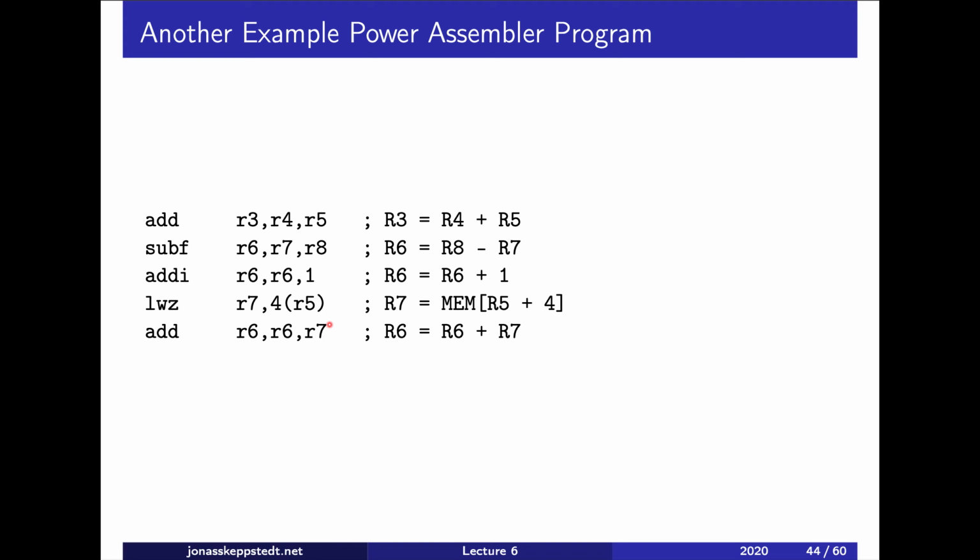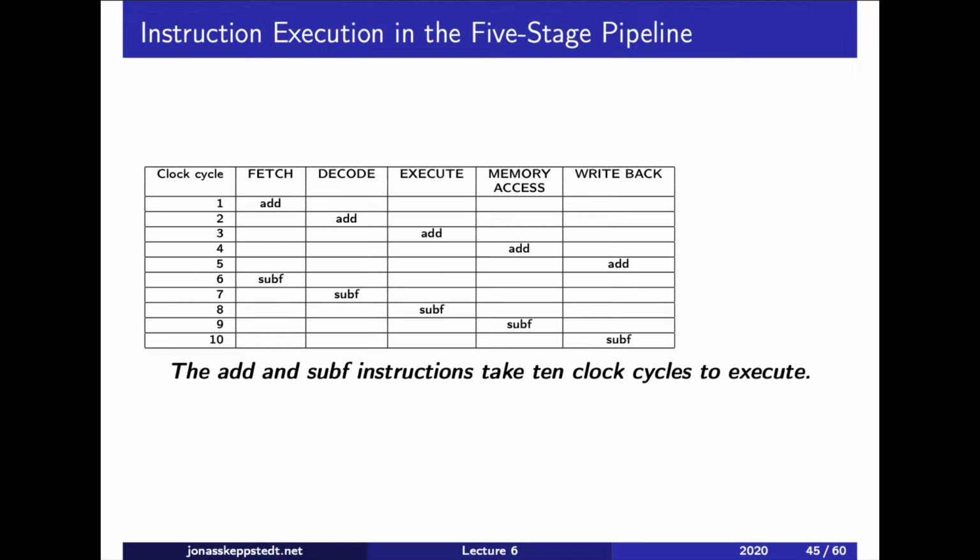Okay, so let's run this in a pipeline. So let's say we have a pipeline, namely a chip with one stage here, and then at the next clock cycle an instruction can move to the next stage to be decoded and then executed, and then here it doesn't do anything, it just goes through, and then it writes back the result to a register.